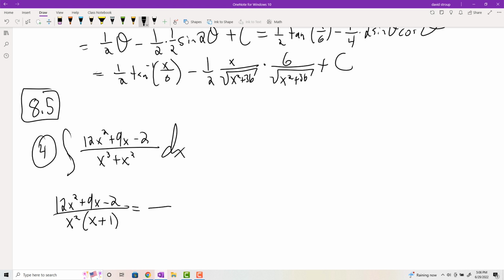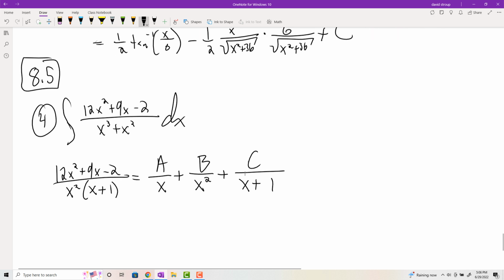So you need 2 fractions for the x squared, and then you need 1 fraction for the x plus 1. So for repeateds, you work up to the exponent. If it was x cubed, you'd need another fraction over x cubed. And the numerator for linear factors, you just put constants, a, b, c, d, whatever.